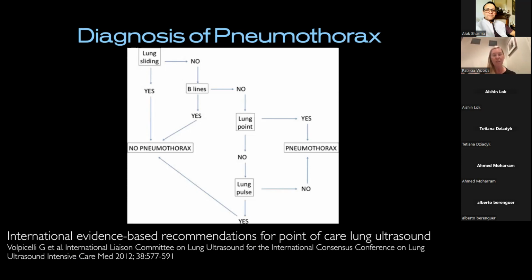You really have to go sequentially here in your thinking of the presence or absence of lung sliding, presence or absence of B-lines, presence or absence of lung point, and so on. It reminds us to do this methodically and stepwise, and you really don't move forward until you can answer one or two of those questions.